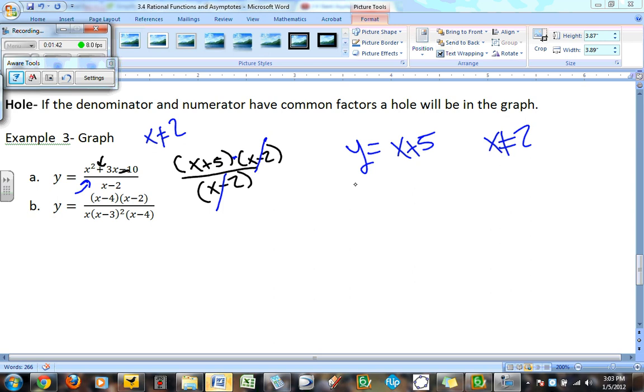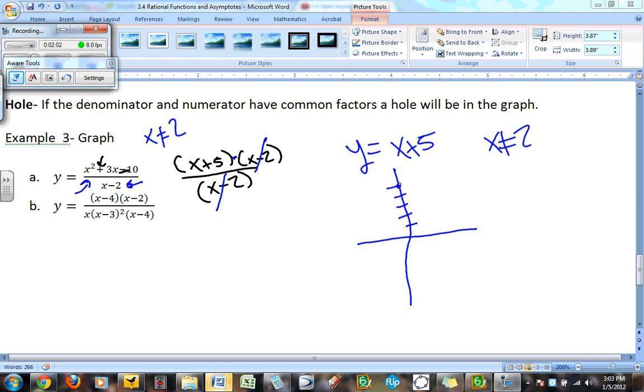Because x can't equal 2 from the original equation, this graph looks exactly like x plus 5, how we'd regularly graph it. Just when we come to x equal 2, there's going to be a hole in it. So I start up 5 because that's my y-intercept: 2, 3, 4, 5.